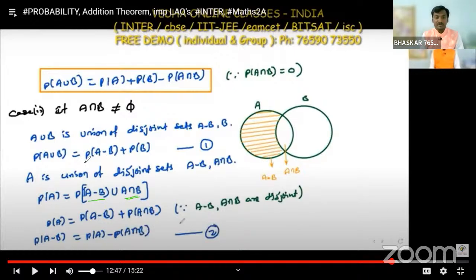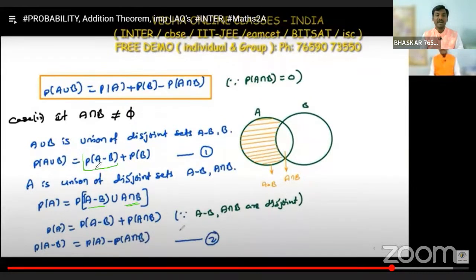Now we have to substitute the probability of A minus B value from equation 2 into equation 1.